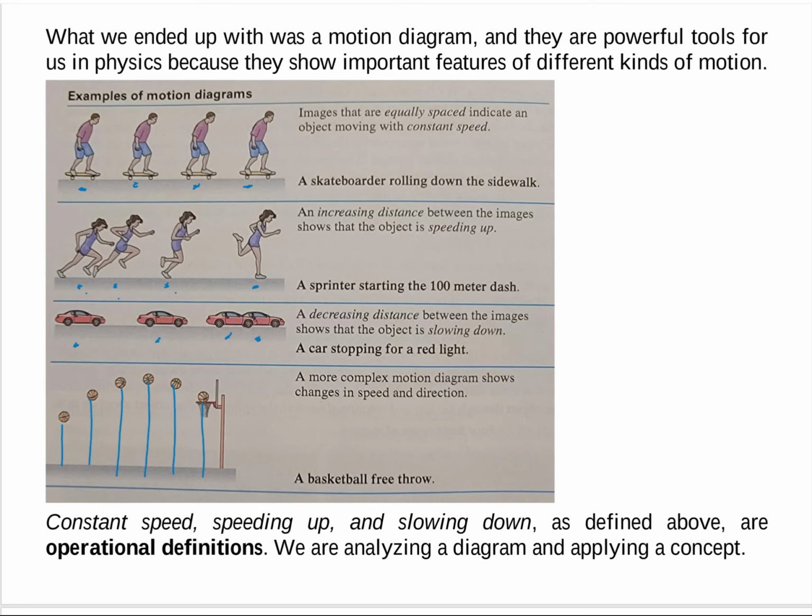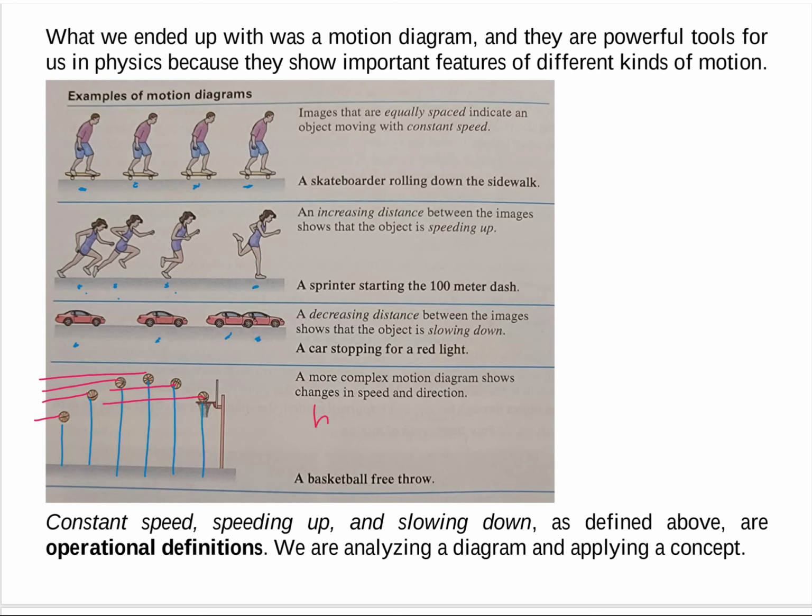But this ball is not moving in just one direction. It's actually also moving up and down. So we look at the spacing now. I'm trying to draw these vertical, but it's not working. How about up and down? What's happening? It's changing. On the way up, it's the same speed, but then once it hits the peak, it slows down a little bit, and then it goes back to its original pace.